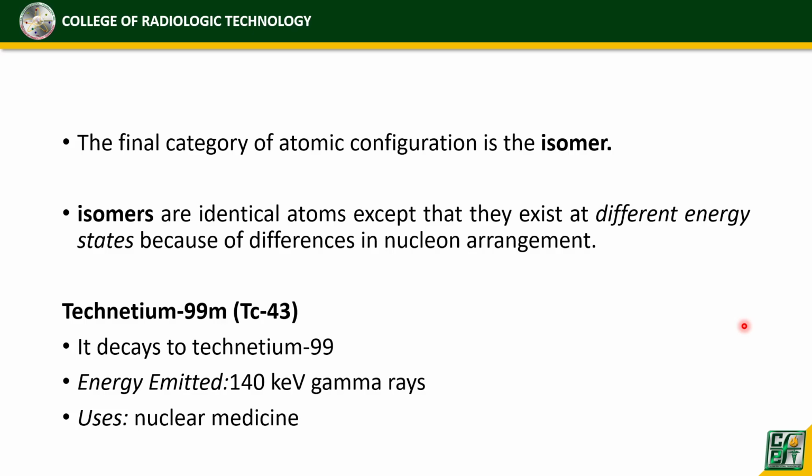Kasi syempre, kung hindi siya tumatagos sa wood, basically hindi rin siya tatagos sa katawan ng tao, sa katawan natin. At mag-stay lang siya sa ating tissue. At pag nag-stay siya sa tissue natin, so our tissues will be irradiated and there will be possible consequences or reaction sa ating mga biological elements. Okay?